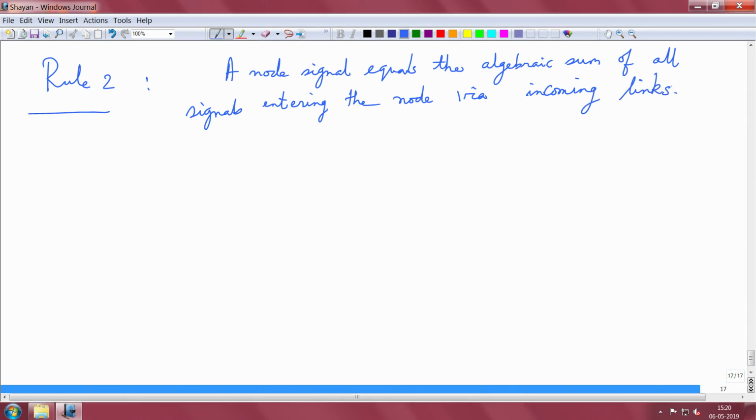This is the second rule, and it makes intuitive sense, because you take these stimuli, you scale them by the corresponding synaptic weights, and then you linearly combine them, right, and then you force it through some activation function.